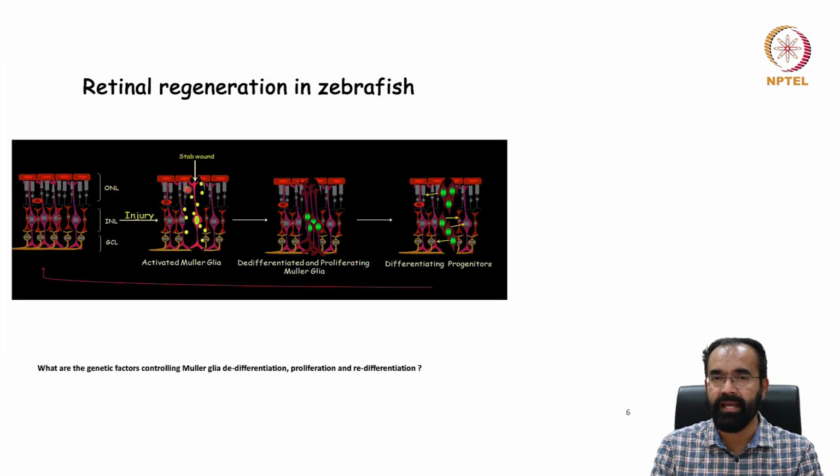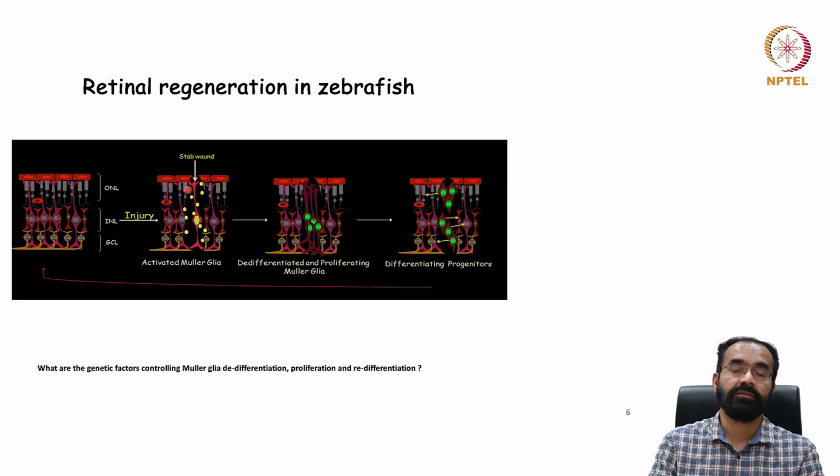Any cellular damage will create some unrest in the environment. This unrest will be sensed by some cells such as Muller glia. Muller glia have a phagocytic property also. Phagocytosis means engulfing this damaged portion. When it is engulfing this damaged portion, it will sense there is an issue, there is damage, which makes them reprogram.